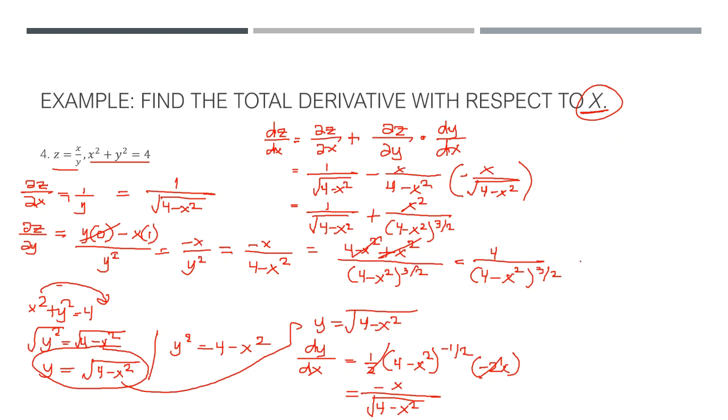So basically, this is just equivalent to 4 over square root of 4 minus x squared raised to 3, because 1/2 times 3/2, that is just equivalent to 3. So basically, square root of 4 minus x squared is just equivalent to y. So meaning to say our final answer is 4 over y cubed.